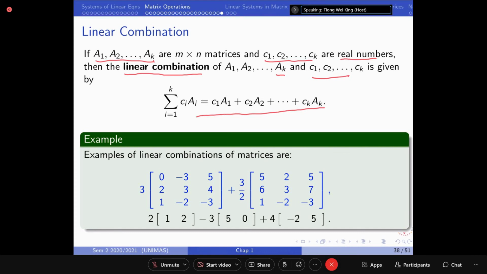This is how you write it in full, and this is how you write it in short form. So summation, CiAi. You learned from your discrete math what the meaning of summation is already.